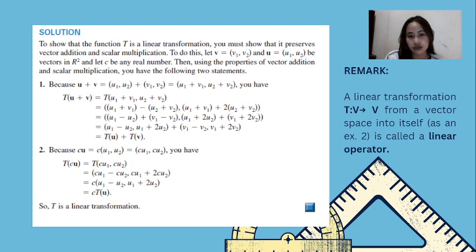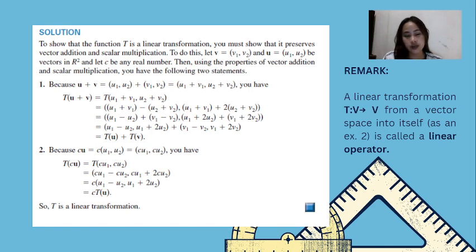I-multiply dito sa part na to yung 2(u2 + v2). Next is (u1 - u2 + v1 - v2, u1 + 2u2 + v1 + 2v2), which equals (u1 - u2, u1 + 2u2) + (v1 - v2, v1 + 2v2), equals T(u) + T(v). So, nasatisfy niya yung vector addition.